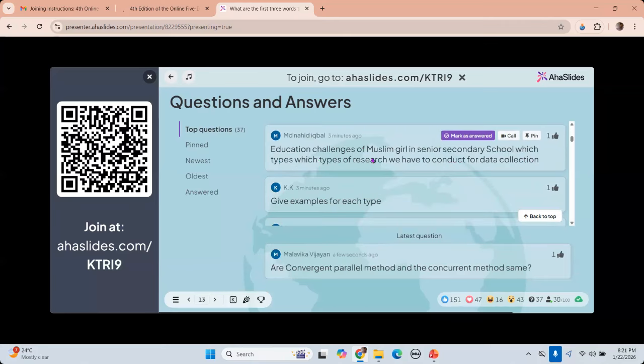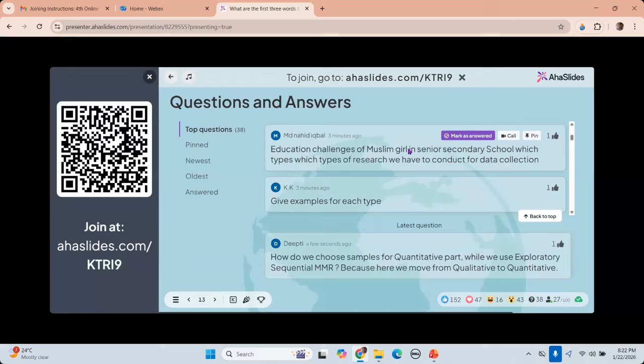Iqbal asks: education challenges of Muslim girls in senior secondary school, which type of research do we have to conduct? I tell all my regular participants, faculty members, students, research scholars: don't ask anyone what kind of research method you have to use. Don't ask any resource person, expert, faculty or supervisor what kind of data collection you have to use. As a researcher, you know better. I don't know your area or what kind of problem you're addressing.